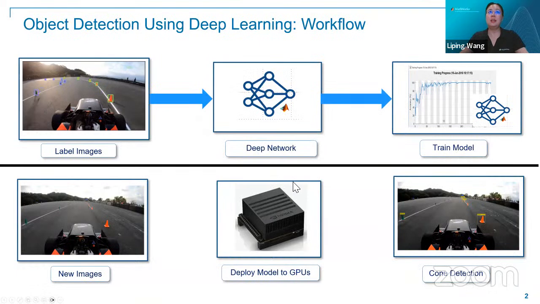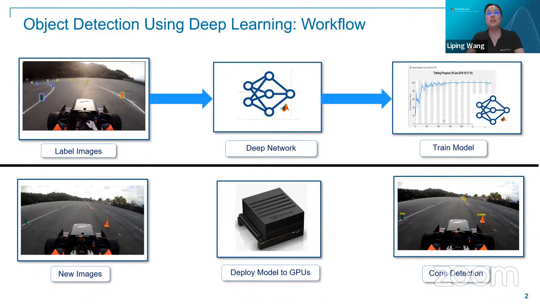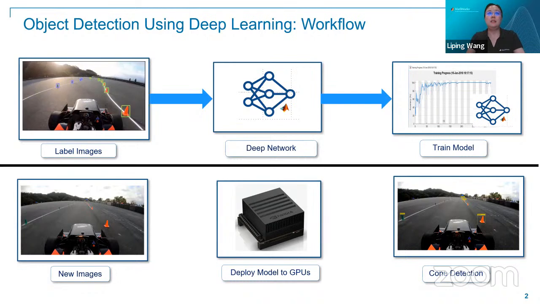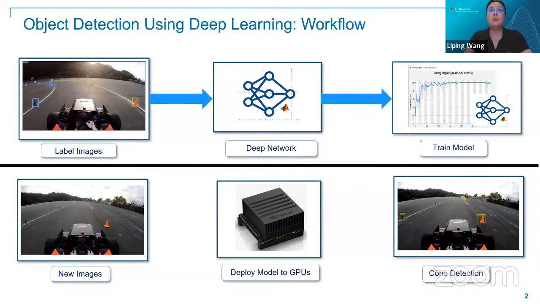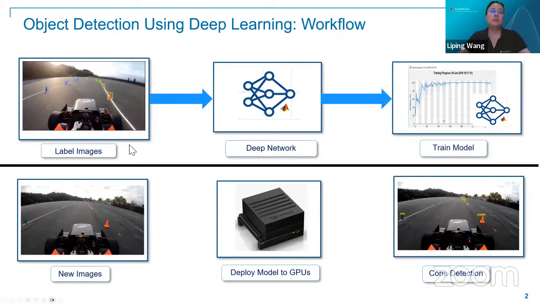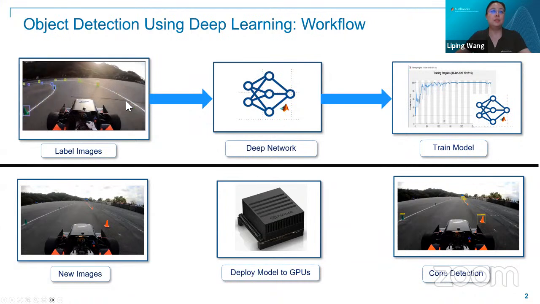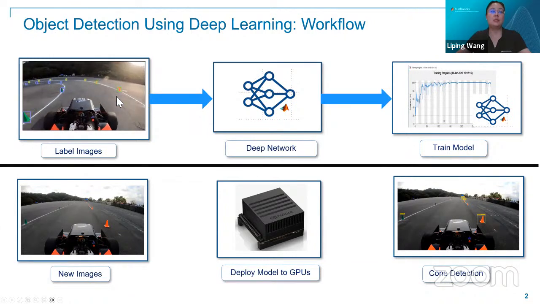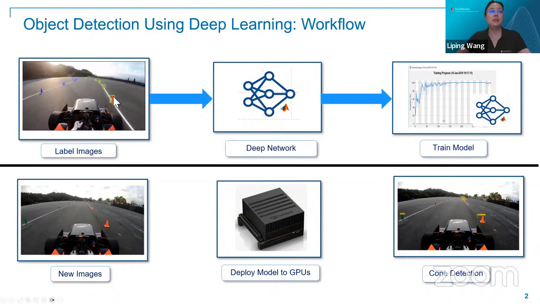So in this webinar, I will introduce how to do this cone detection using deep learning for Formula Student driverless competition. I don't know whether you used MATLAB before, but in this one, I will show the whole workflow. First, in order to do supervised learning, we need to label the images. In that step, we need to put the bounding box around the object that we want the car to detect, like the cones.